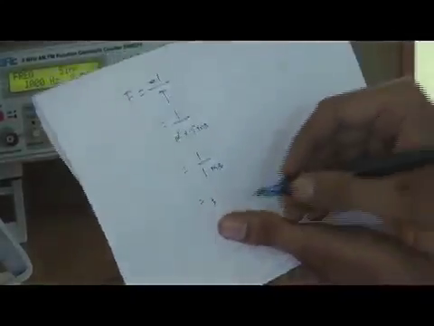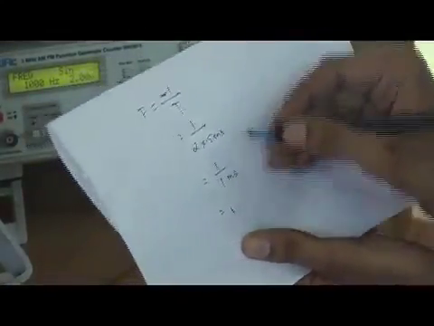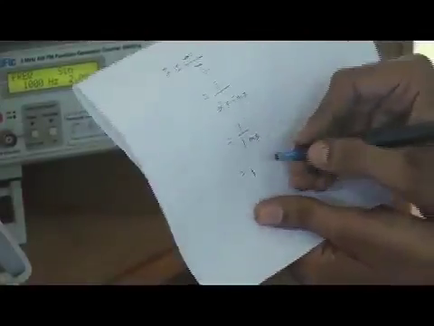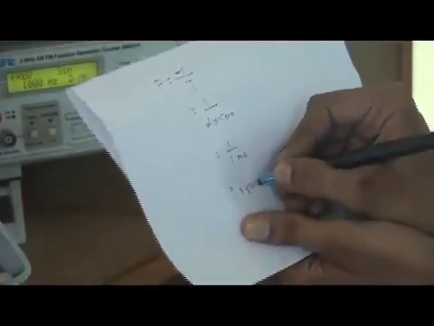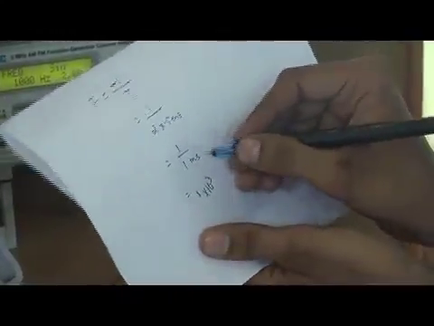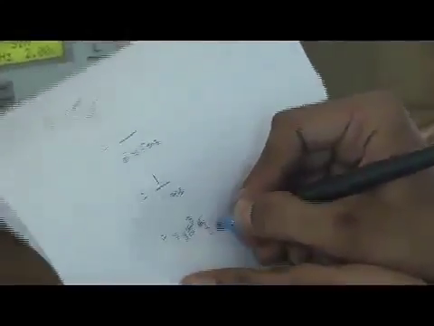If I convert this, it is equal to 1, and since the millisecond is 10 to the power minus 3, it becomes 10 to the power 3. So we get 1 into 10 to the power 3 per second, which we know is the unit of hertz, so it becomes Hz.